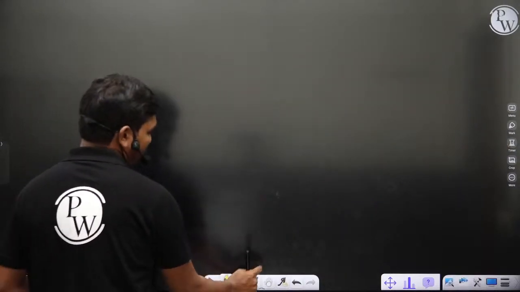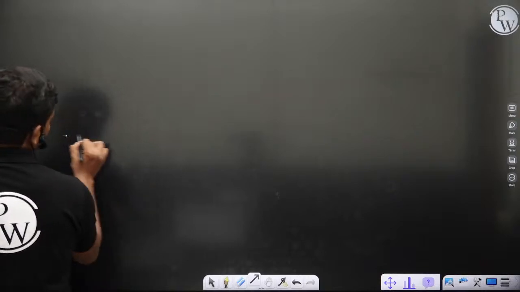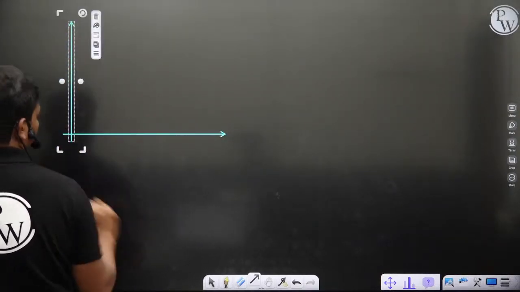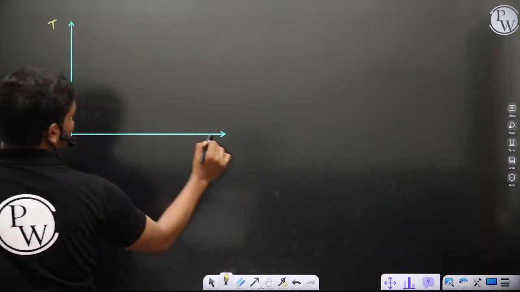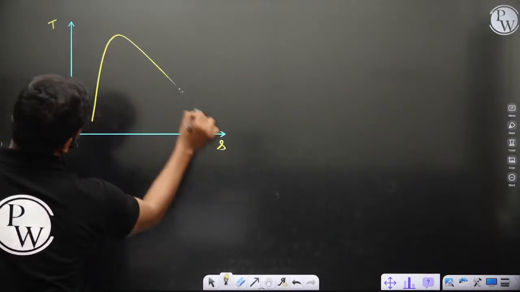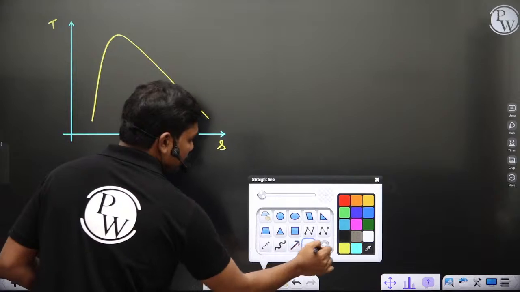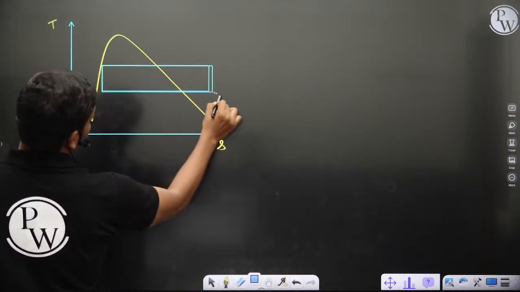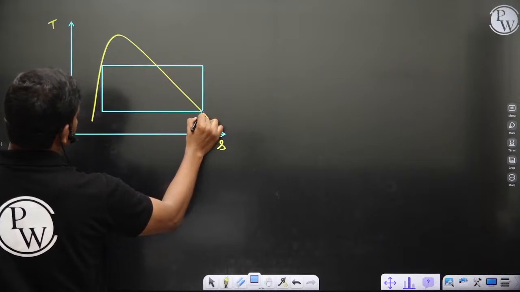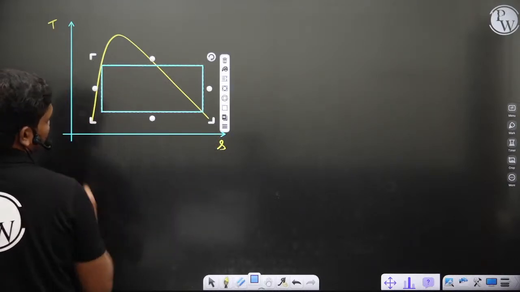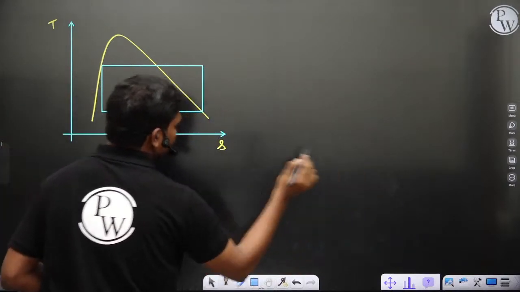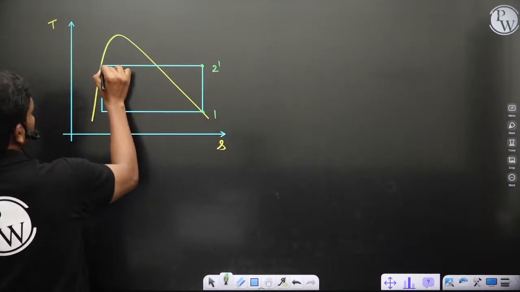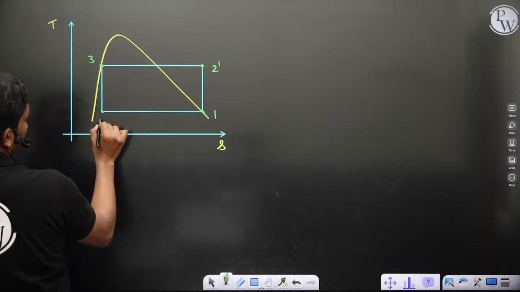Look, let us say you have a TS diagram, and you got the dome like this. If you draw a Carnot cycle, for example, okay, so this is the Carnot cycle: 1, 2 dash, 3 and 4 dash.